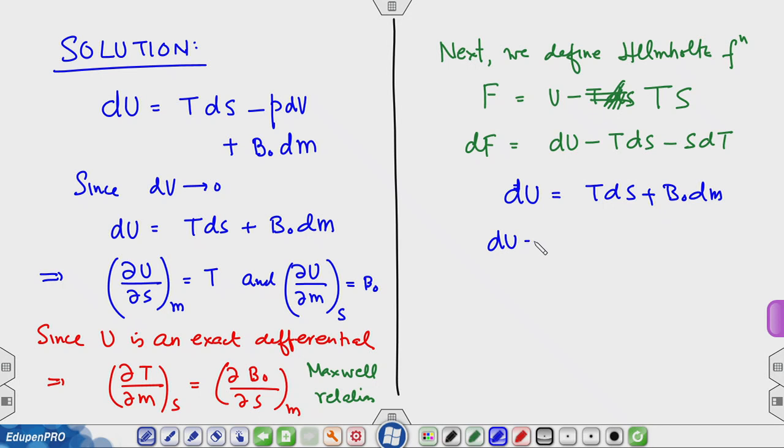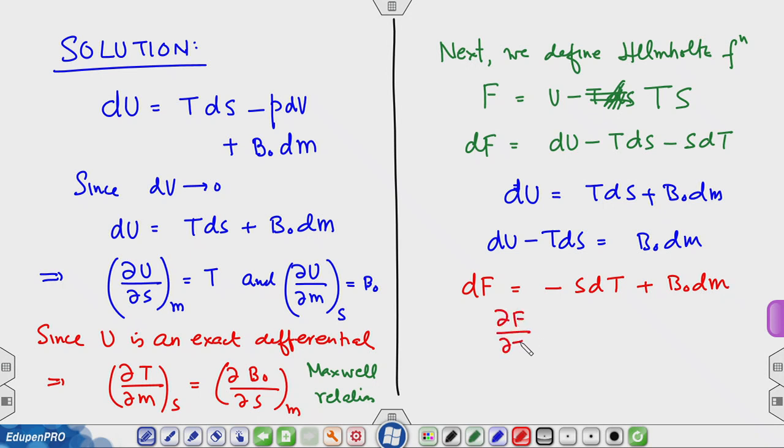So, du minus T ds is equal to B 0 dm. And therefore, df is equal to minus s dT plus B 0 dm. And this gives you partial of f with respect to T at constant m is equal to minus s, and partial of f with respect to m at constant T is equal to B 0.